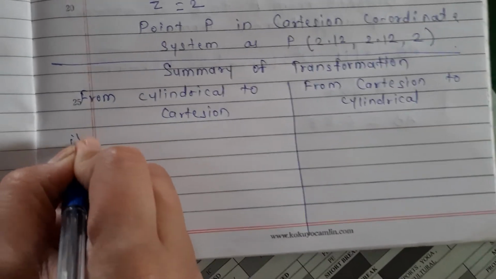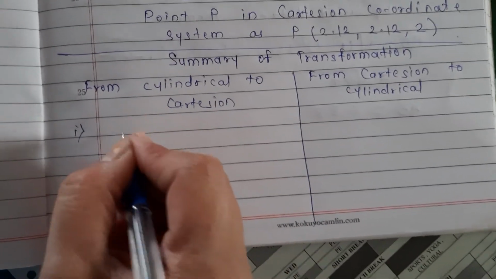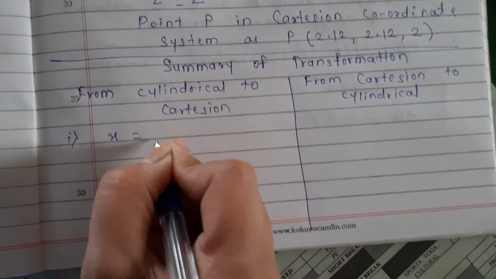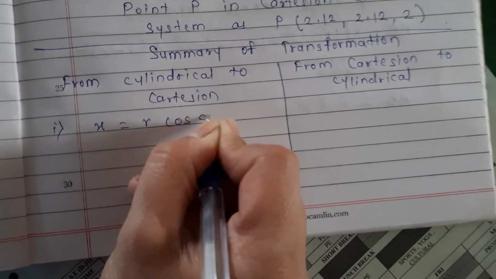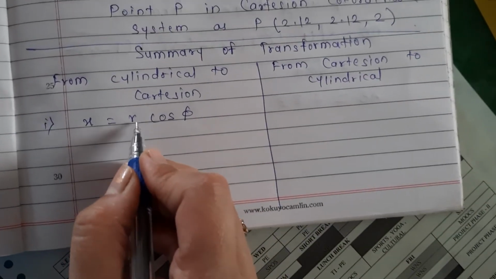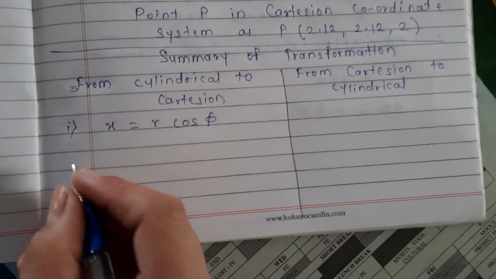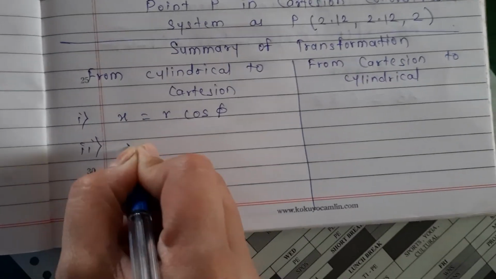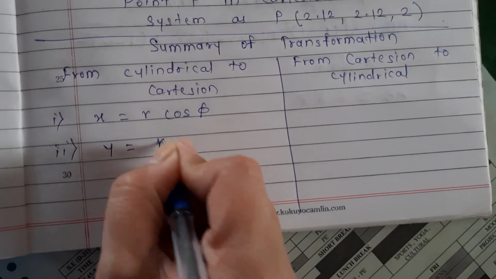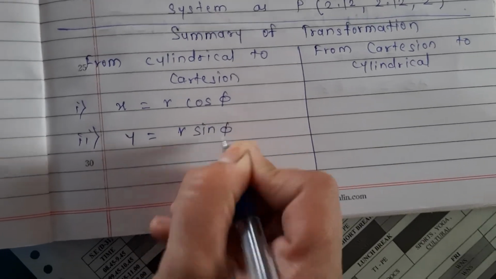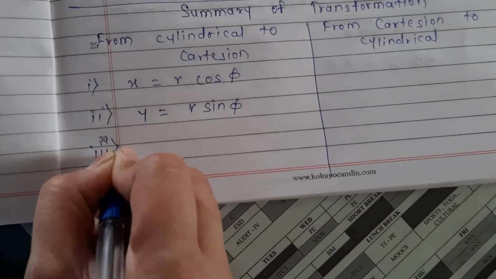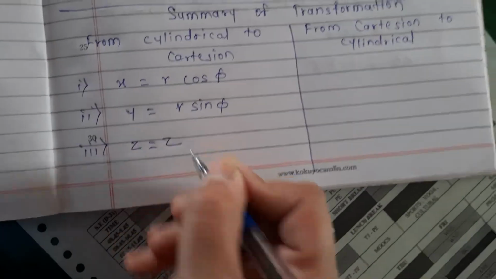So the first formula in cylindrical to Cartesian is x is equal to r cos phi. If we know the values of r and phi, then we can find x. Then y is equal to r sin phi and z is equal to z.